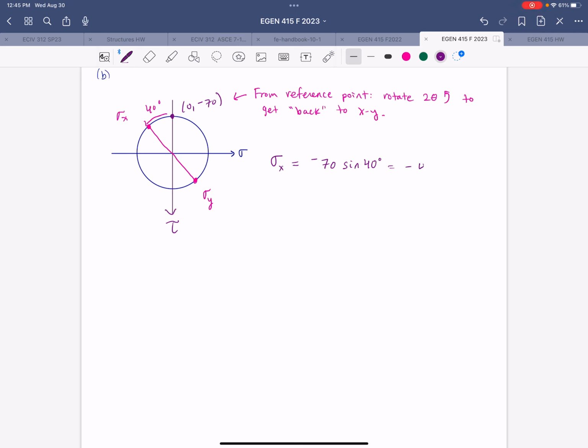So that gives us negative 45 megapascals. Sigma y will be positive 45. And the shear stress will be negative 70 cosine 40, which gives us negative 53.6 megapascals.